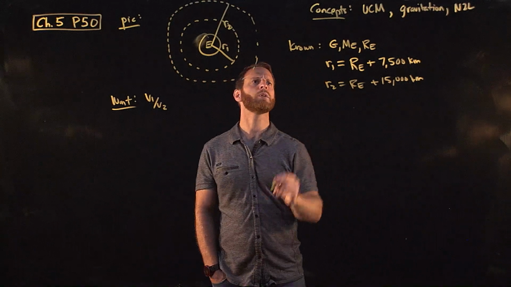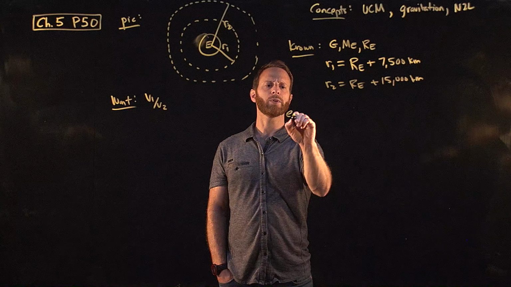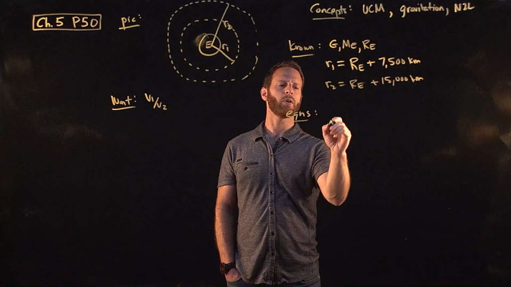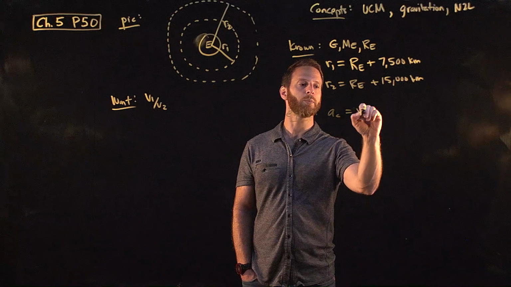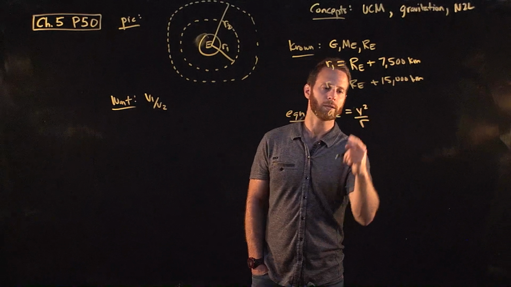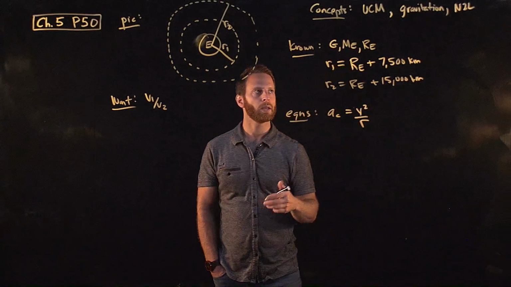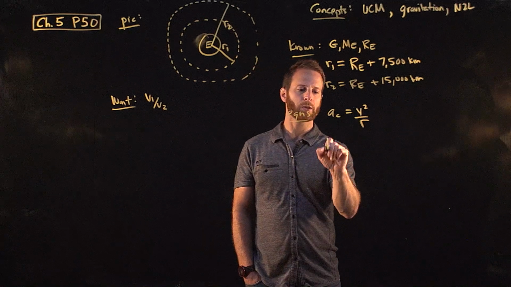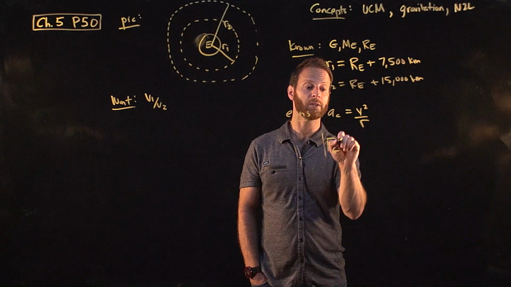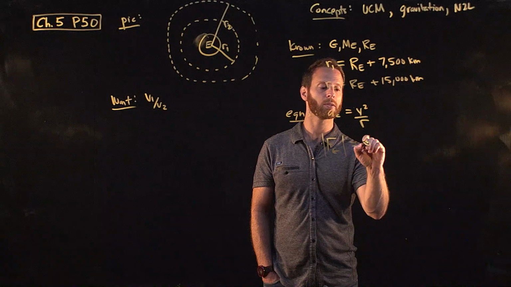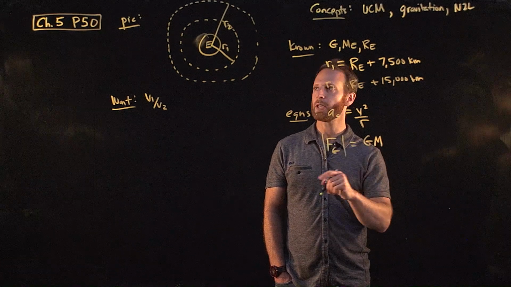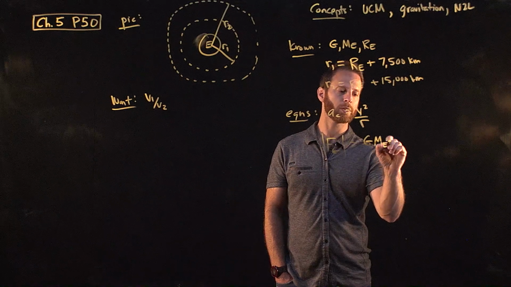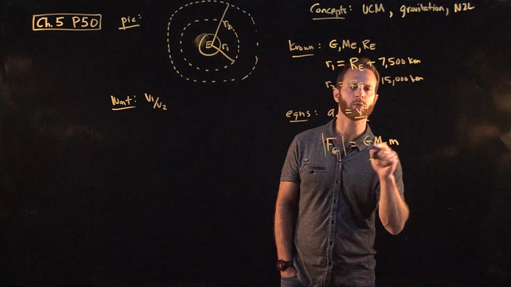We want to get speeds, so we're keeping that in the back of our head. Uniform circular motion, what equations might be associated with that? Well, there's really the main one: the centripetal acceleration is related to the speed and the radius. The law of gravitation tells you the force of gravity, its magnitude anyway, and involves two masses. G, the mass of the Earth, and, since we're interested in the gravitational attraction between the Earth and one of the satellites, I'll just generically write that as little m.